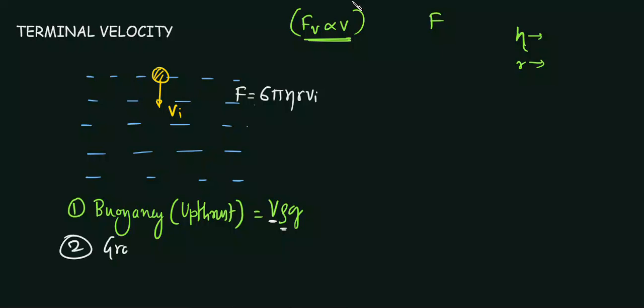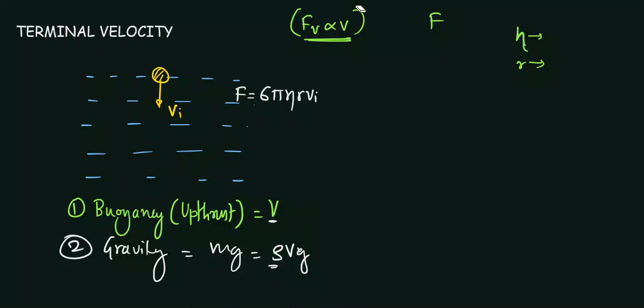Next, the gravity force will act. It is equal to mg, or it is equal to rho Vg, where rho is the density of that object. This is the density of the liquid, this is the density of the object. Your volume will be the same, but you must remember the density of the liquid and density of the object. Or simply, I will take the density of the object as rho, and the density of the liquid as sigma.